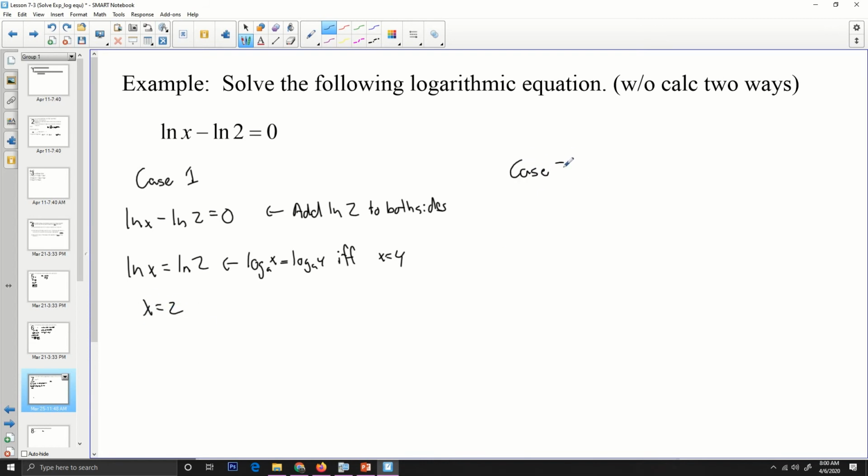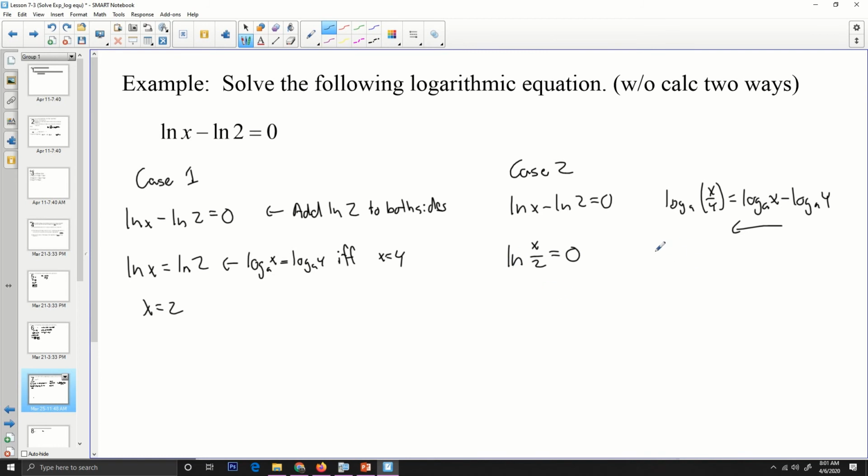Case 2, I'm going to go ln of x minus the ln of 2 equals 0. And we'll use the property log base a of x over y equals log base a of x minus log base a of y, and we're working this way. Since I have a subtraction, I'm going to condense them into a division. So this is the ln of x over 2 equals 0.